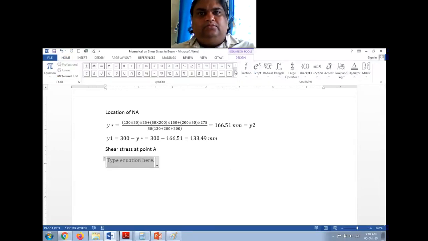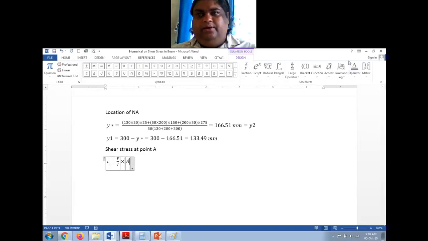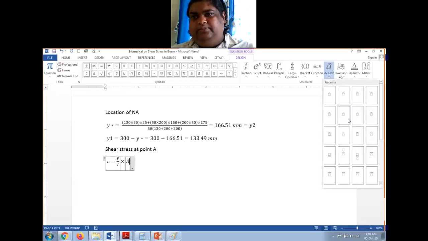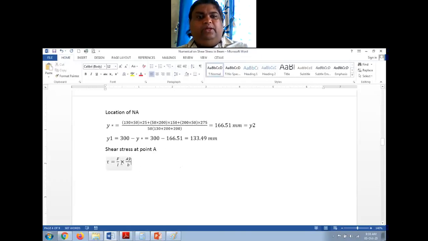Tau, the shear stress, is equal to F by I into A y bar by B. Correct? So this is the formula we have derived earlier.